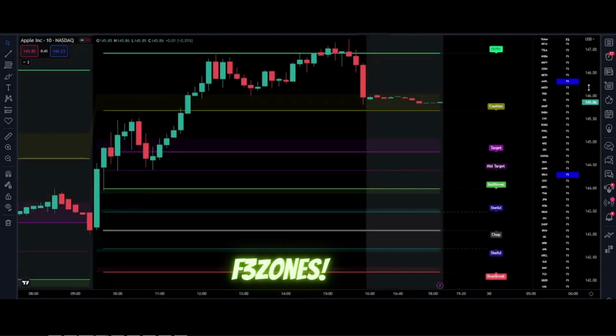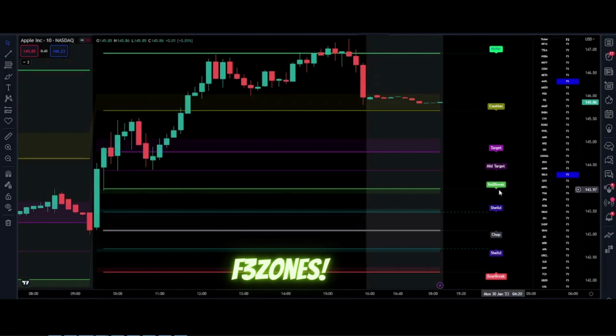F3 zones were created as a representation of different characteristics of price action that you should expect when price is in these locations on the chart. So, for example, right here you see price open up first candle of the day and closes above this green line.